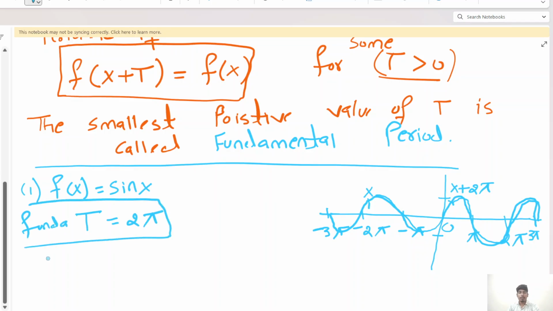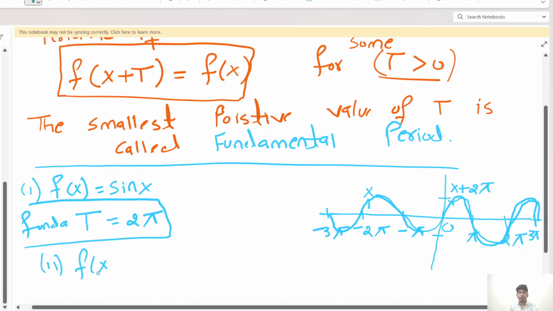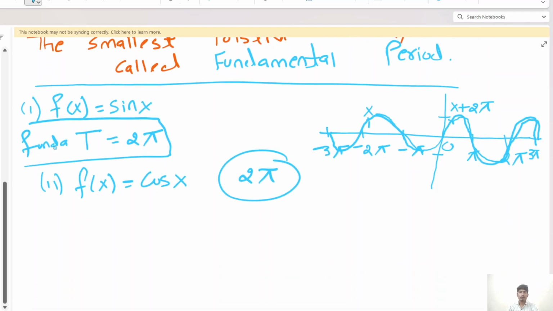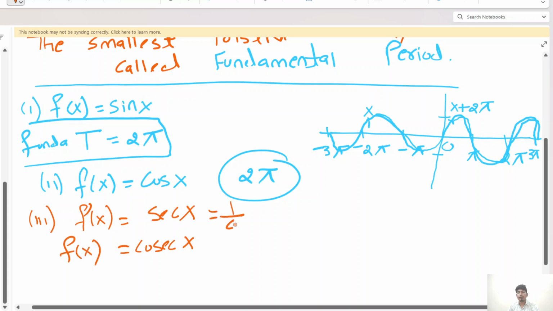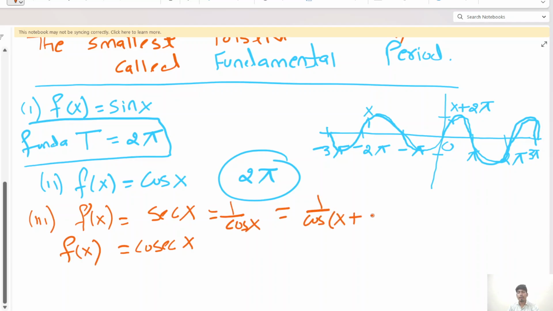Similarly for cos x, the period of the cos function is 2 pi. And also for f(x) equal to secant x and cosecant x, we know the secant function is 1 upon cos x, and 1 upon cos x is equal to 1 upon cos of (x plus 2 pi).